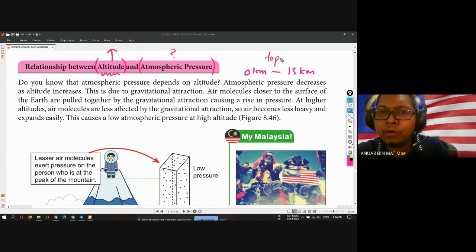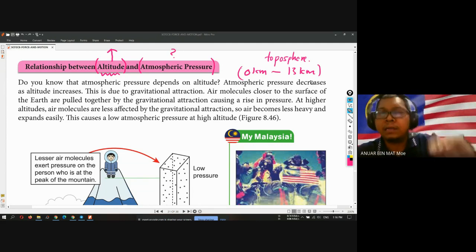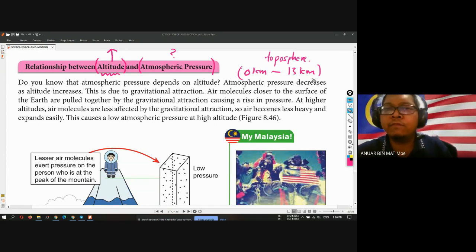Do you remember troposphere? So this is what we call altitude, the height from the surface of the Earth until up in the atmosphere.